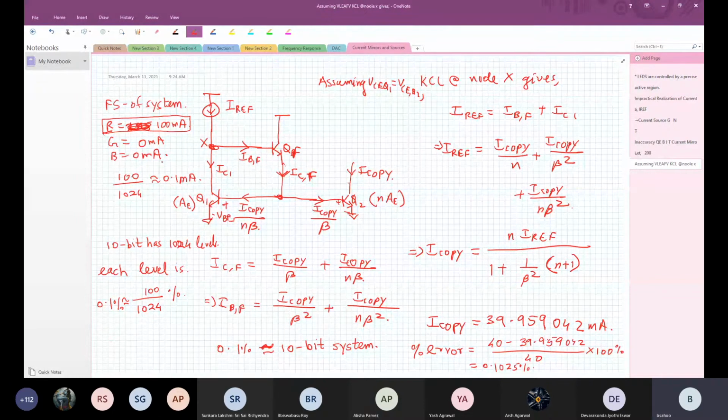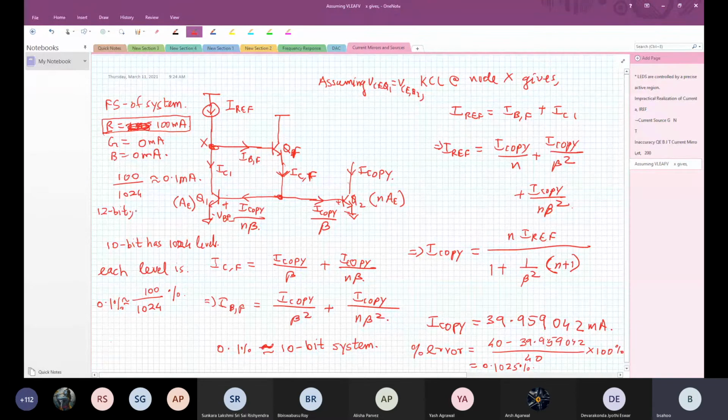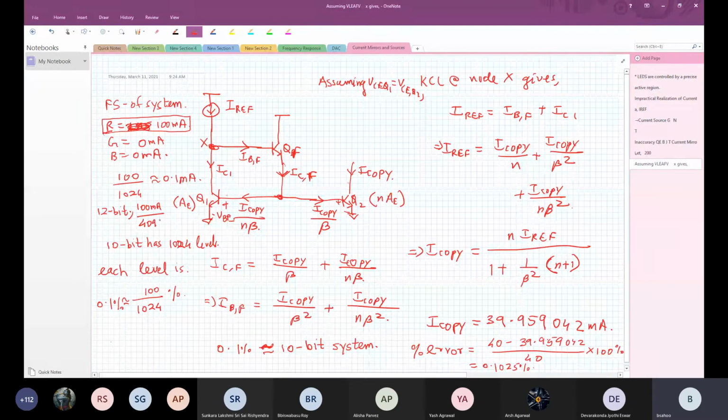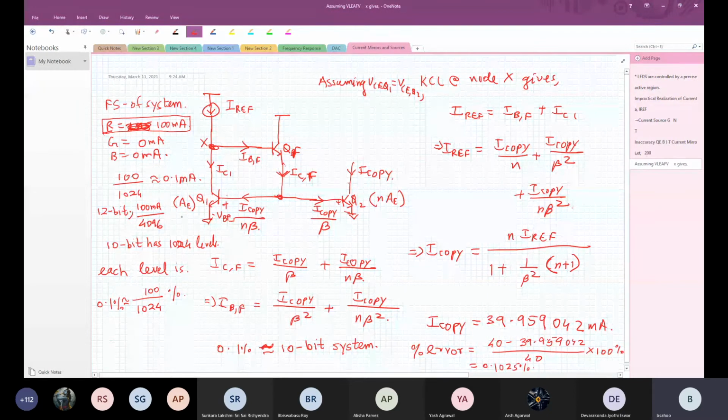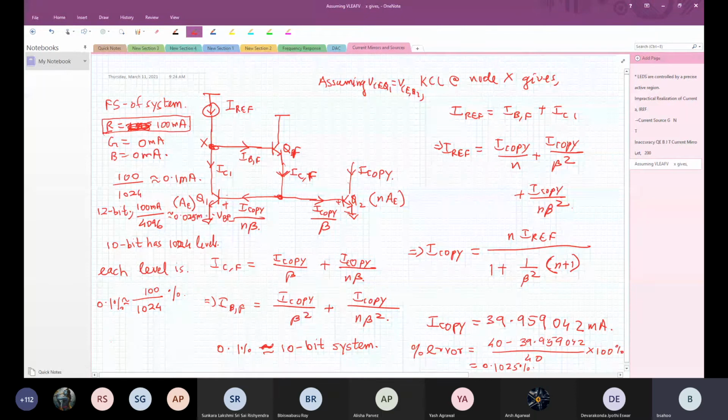But if I go for a 12-bit system, the gradual increase in intensity will be in finer steps: 100 milliamps, full scale stays the same, divided by 4096. So it will increase in 0.025 milliamp, or 25 microamp steps.